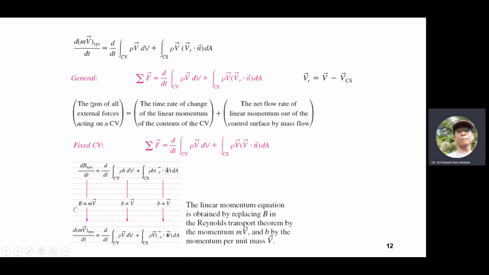So the sum of all external forces acting on a control volume equals the time rate of change of the linear momentum of the contents of the control volume plus the net flow rate of linear momentum out of the control surface by mass flow. This is the general expression.